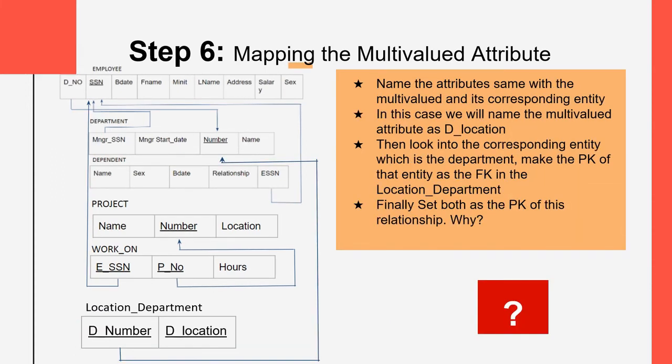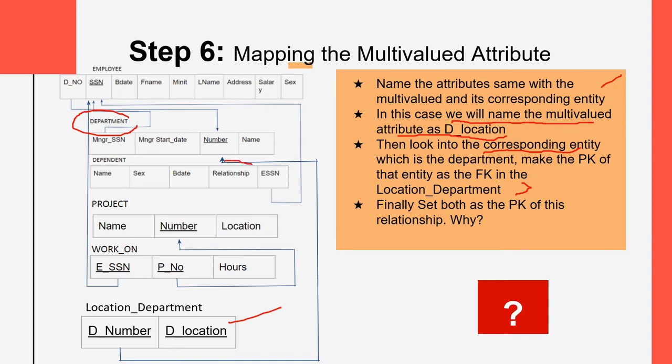Next, name the attribute the same. In this case, we name the multi-valued attribute location as D location. Then look into the corresponding entity, which is the department. Make the primary key of the entity the foreign key in the location department. What is the department primary key? Number.